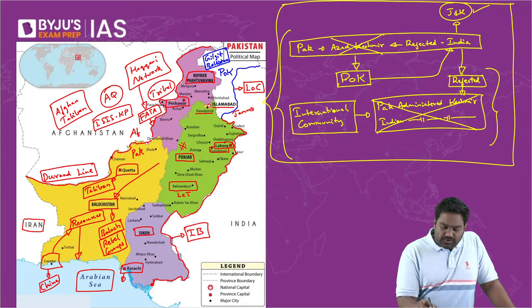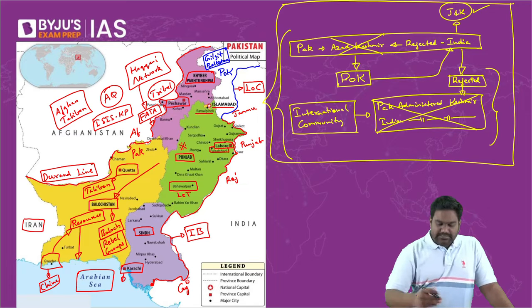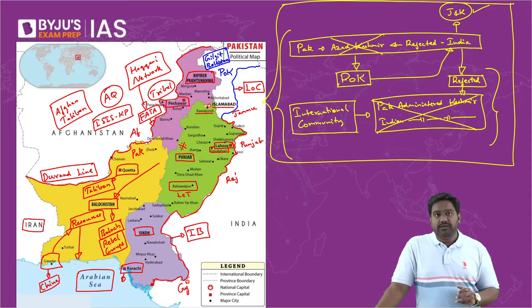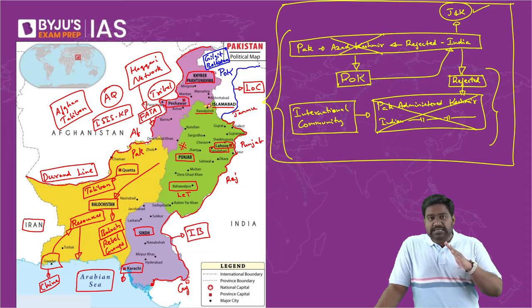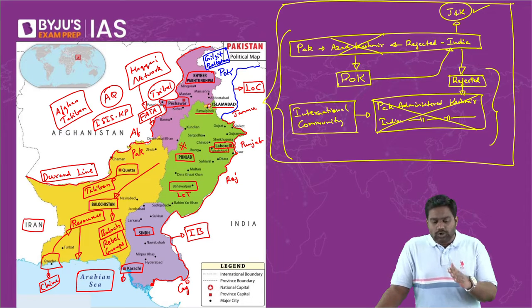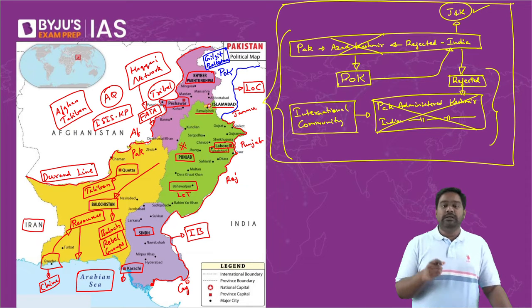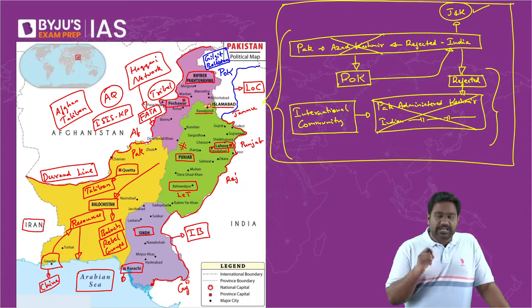This entire line that you're seeing here is an undisputed boundary. This boundary has been permanently settled. We have no disputes along this boundary. This is the full and final boundary between India and Pakistan, and hence it's called the IB, the international border.